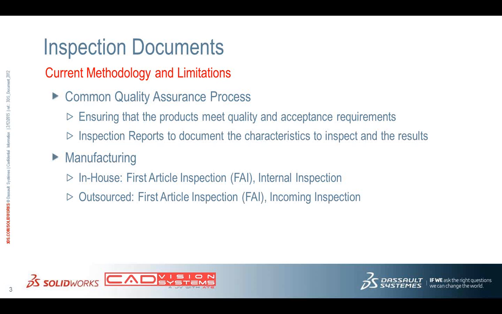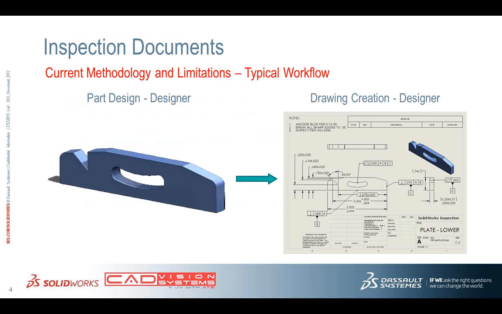Now let's take a look at the typical workflow of a product cycle. First off, a product part will be designed by an engineer or a designer. You can see on your left, we have that part over there. Once the product design is completed, they will proceed to create mechanical drawings for documentation purposes.